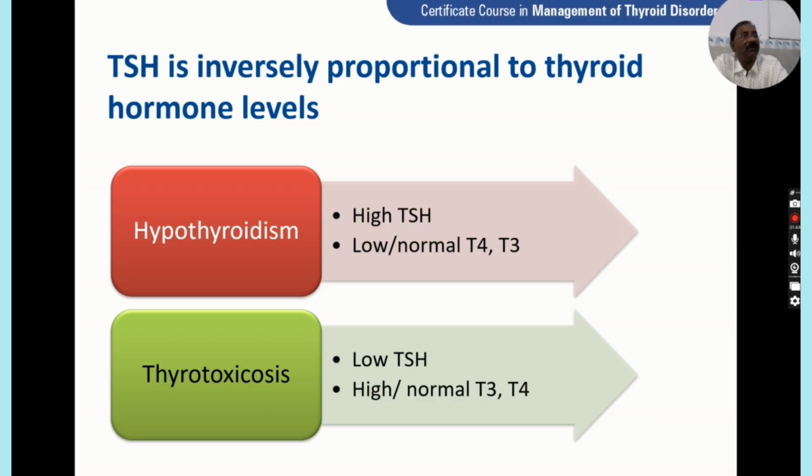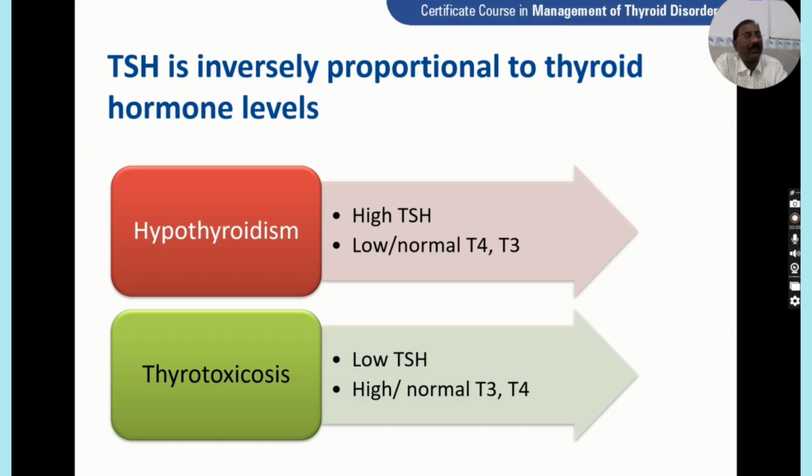Hypothyroidism is divided into subclinical and clinical. What is subclinical? High TSH with normal T4 and T3 is subclinical. What is overt hypothyroidism? High TSH with low T3 and T4. In the same way, thyrotoxicosis is of two types, subclinical and overt.